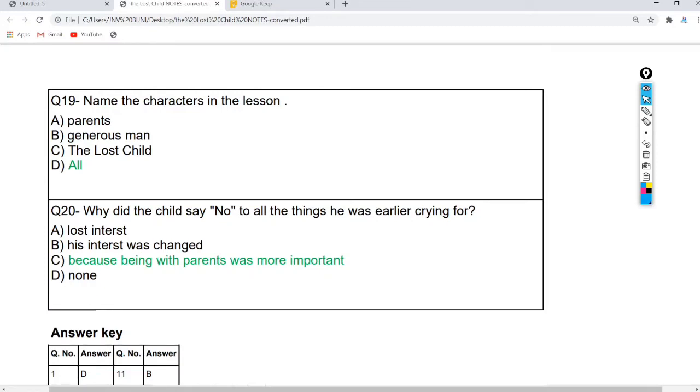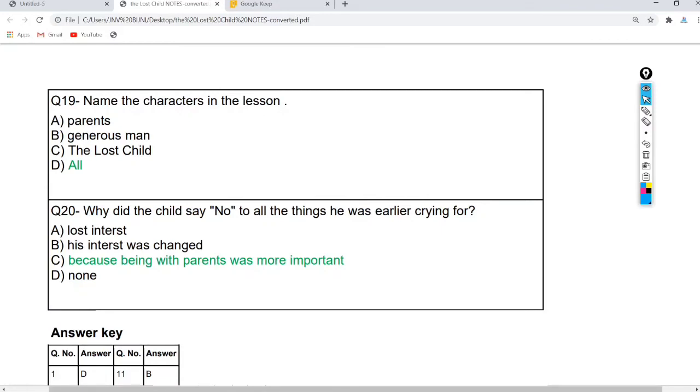Why did the child say no to all the things he was earlier crying for? This is the last part of the text, and from here you will see that the man was very much concerned with the child. He wanted to persuade the child, he wanted to make him happy just by offering this thing or that thing that he was attracted by before he was lost.